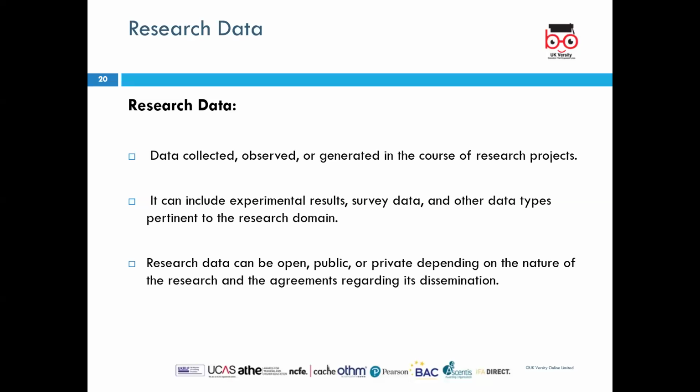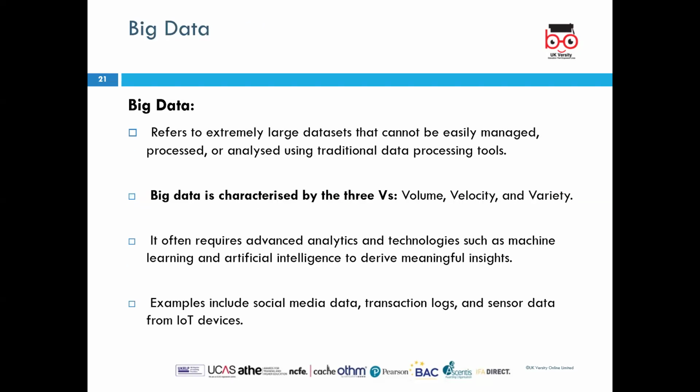Research data is collected, observed, and generated in the course of a research project. So it can include experimental results, survey data, and other types of data pertinent to our research. Big data, as we've seen from our video, refers to extremely large data sets that cannot be easily managed, processed, and analyzed.